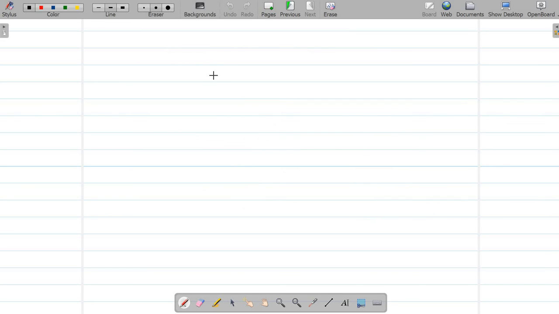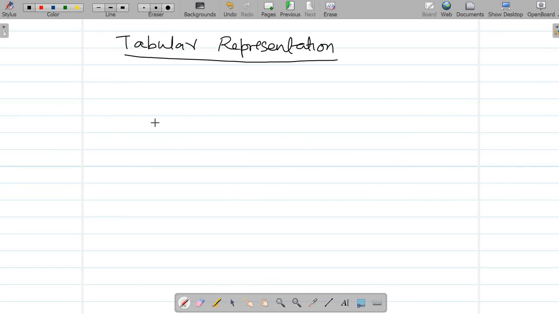So there's one more representation, known as the tabular representation. Of all these representations, the most popular and familiar are the graphical and the sequence representations. Let us see how the tabular representation is done.